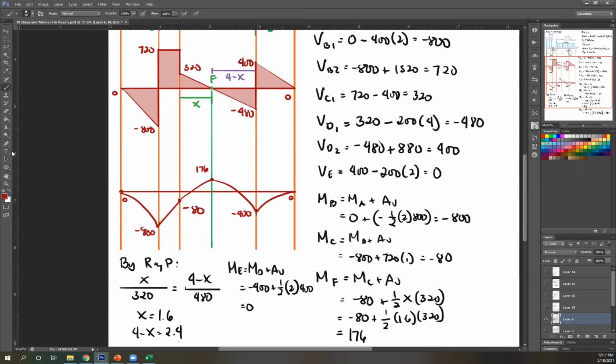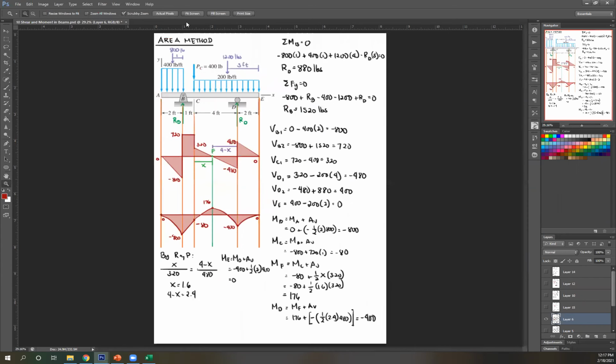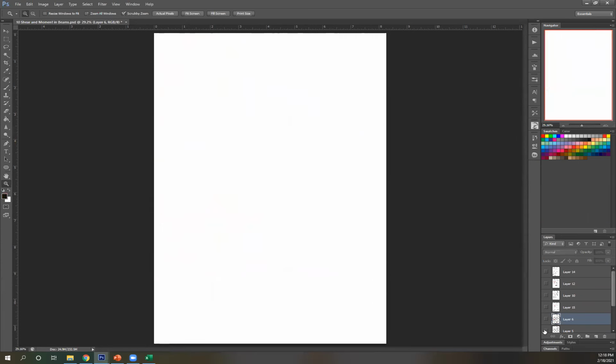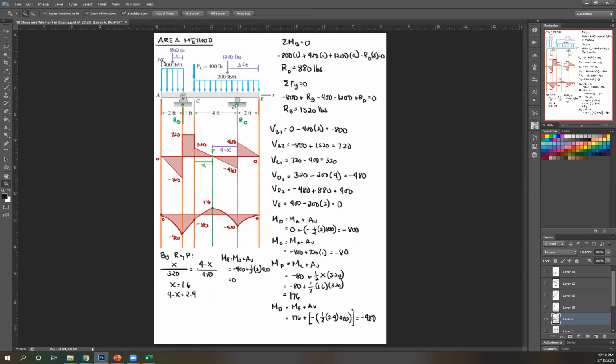And with that 0, therefore, you have a correct shear moment diagram. So that is number 2, right? Yes. Number 2. Do you have any questions for number 2? None? So do you understand number 2?